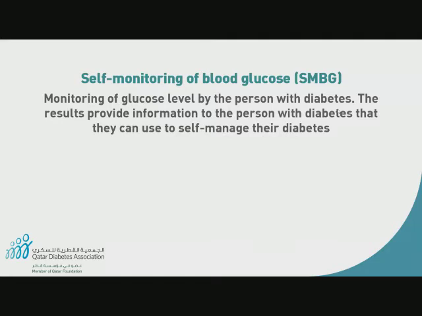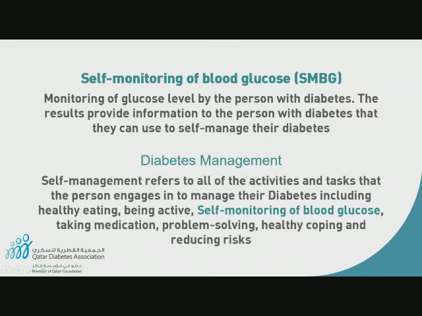This term, the self-monitoring of blood glucose, is part of a broader term known as the diabetes management. And the diabetes management is all the activities and all the tasks that a person with diabetes does to manage their diabetes. This includes healthy eating, being active, self-monitoring of blood glucose, which is our session today, taking the medication, solving problems that might arise, and coping and reducing the risks.